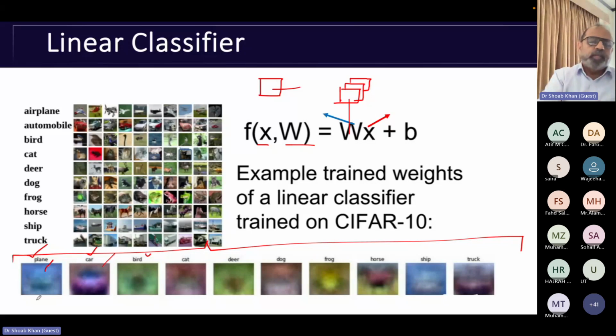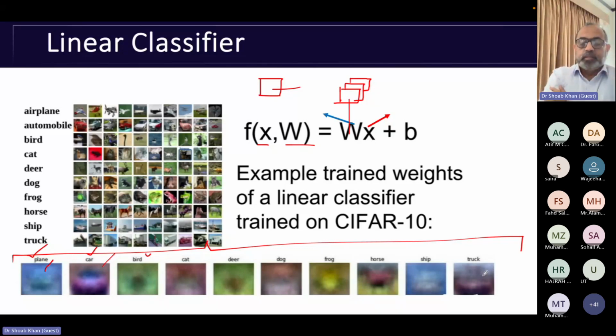You assume that if an aeroplane comes, you have this image, you multiply with this image and add all the pixels together, and the same image you multiply with each of the other weight images. If this image is of an aeroplane, then you should get one here and something very small at the rest of the places, ideally 0, and that will be a good classifier.